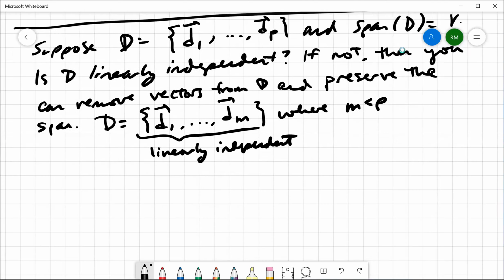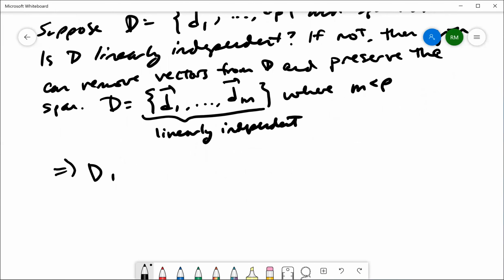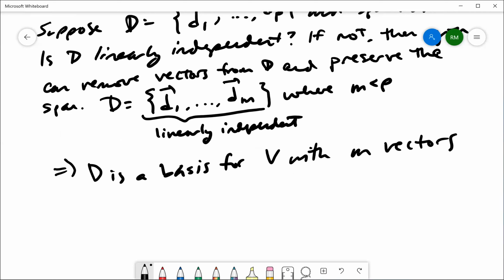And what this tells us then is that D is a basis for V with M vectors, and M is less than P. But this is a contradiction.